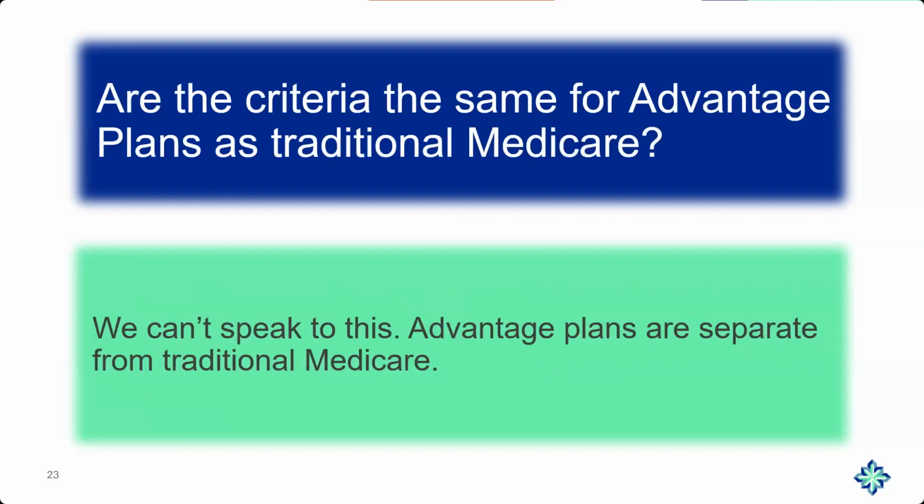Are the criteria the same for Medicare Advantage plans as traditional Medicare? I cannot speak for an individual plan. Each individual plan has their own rules, criteria, and the way things must process. Here's what we can say. They are separate from traditional fee-for-service Medicare. Again, each plan is separate.